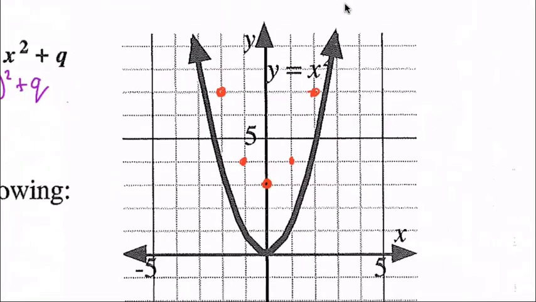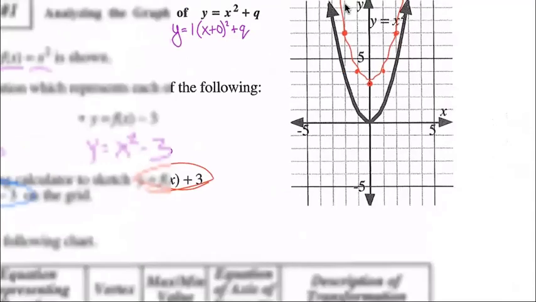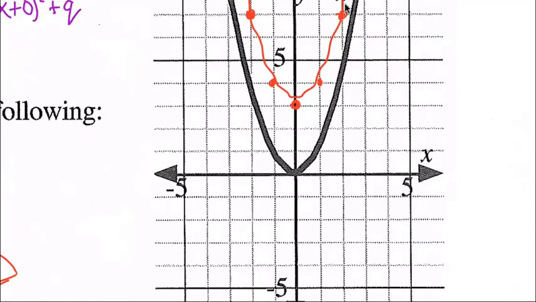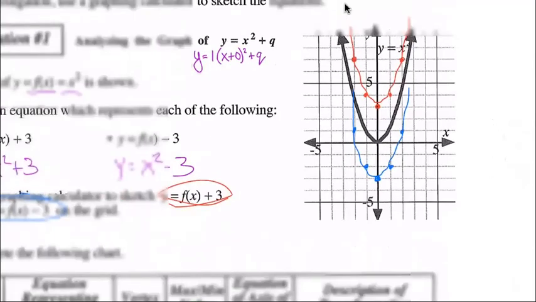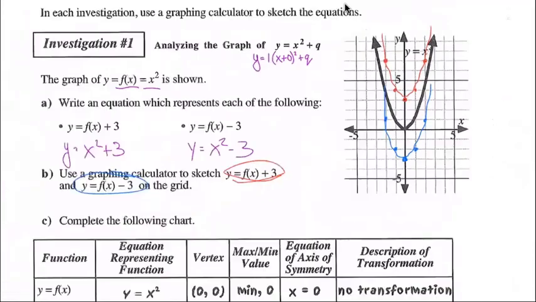Draw your line. Done. And then what did I say this one was? Blue. Minus 3. 1, 2, 3. 1, 1. 2, 4. There's your parabola. So there's your two parabolas. One moves it up 3, one moves it down 3.